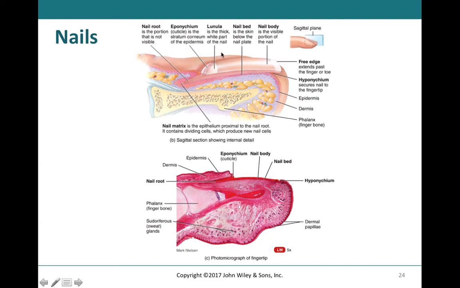The lunula is the thickest part, or the white little moon shape, crescent shape part of the nail. And then we have the nail bed below the surface here, and the nail body above, that's the visible part with the free edge. And then right where the nail body meets the nail bed, that is your hyponychium.